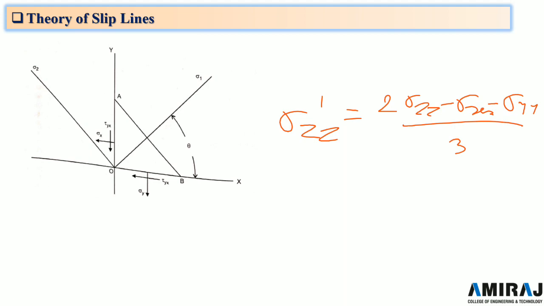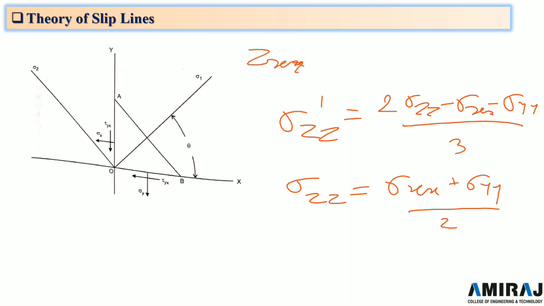So we can write sigma zz is equal to sigma xx plus sigma yy by 2. Also, the shear stresses tau xz is equal to tau yz is equal to 0.